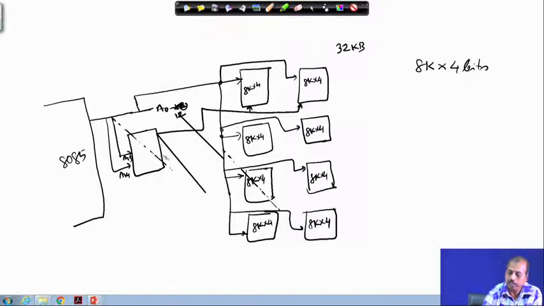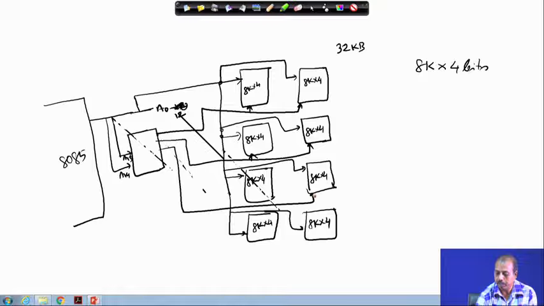This chip select line goes to both the chips, which are in parallel. This next chip select line goes to both the chips which are in parallel, the third one goes to both the chips in parallel, and the fourth one again goes to both the chips in parallel.